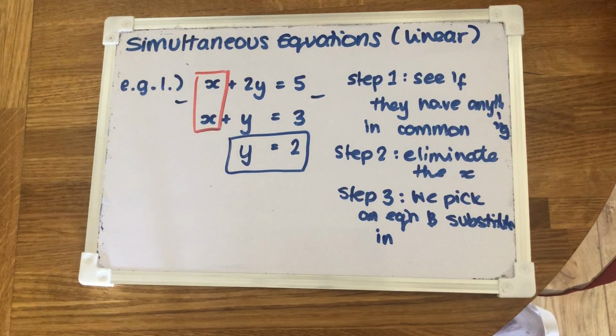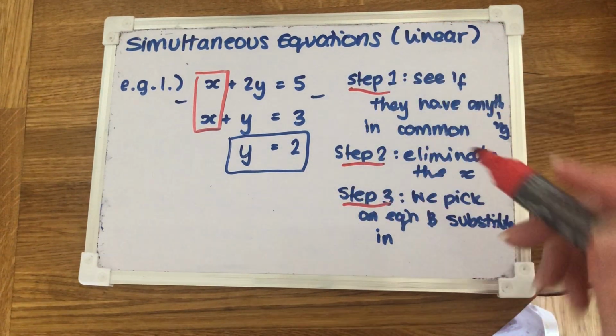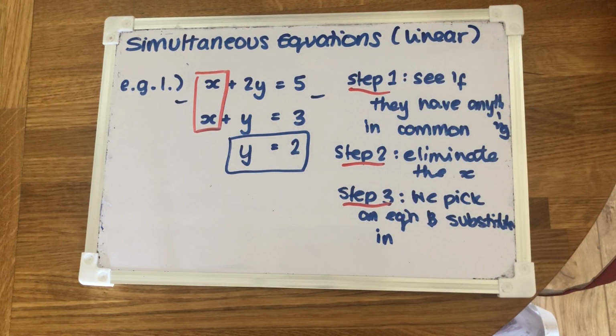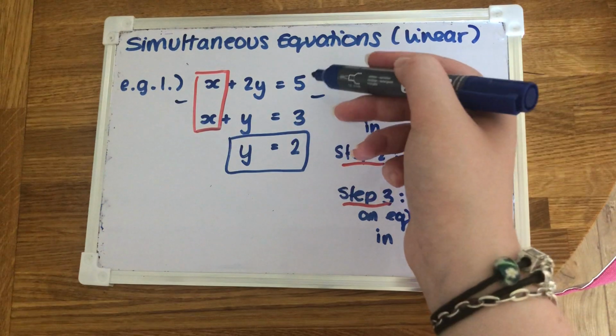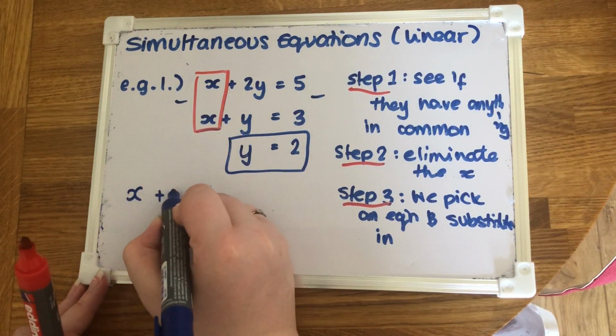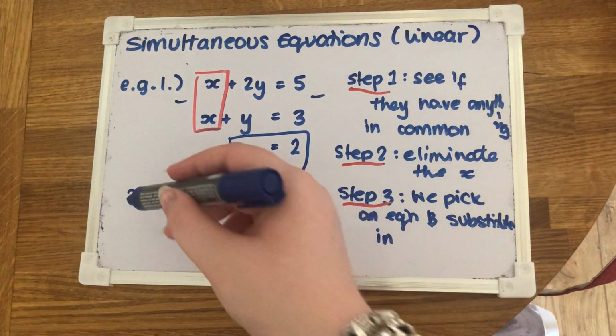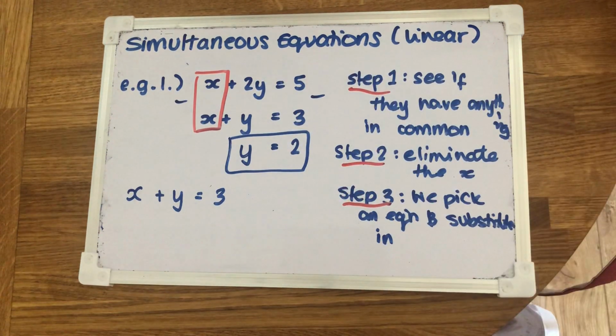Okay, what I mean by that is because we now know what y is, we can substitute the value of y into one of the equations, and then we can work out what x is using just normal steps that you would just solve a normal linear equation with. So it doesn't matter which one you pick. I'm going to pick the bottom one, so I'm just going to rewrite it first. Okay, the reason why I've just picked it is because they're just x and y, whereas that one's got a 2y. Okay, but it doesn't matter, you will get the same answer.